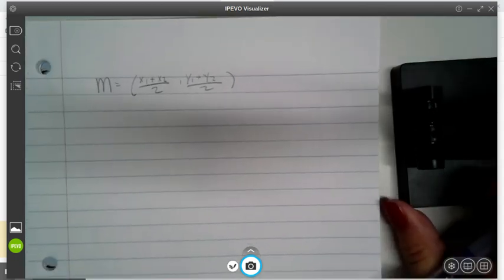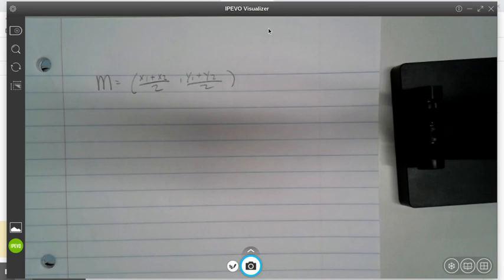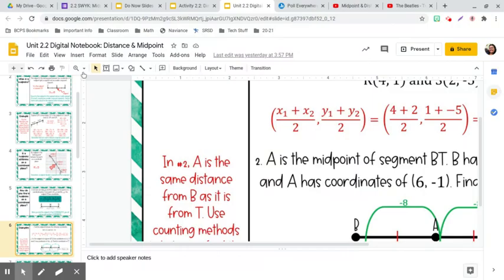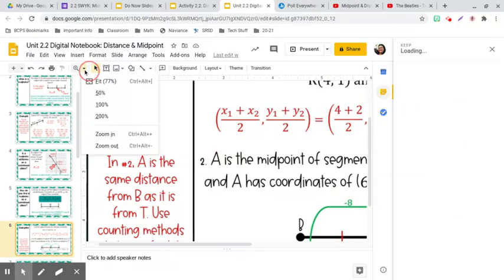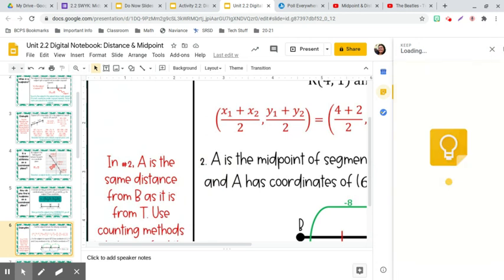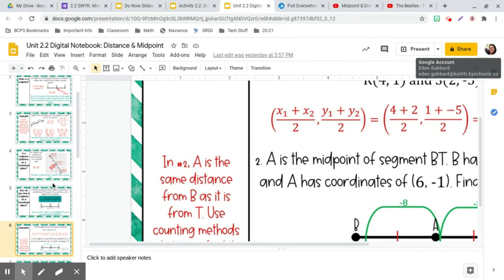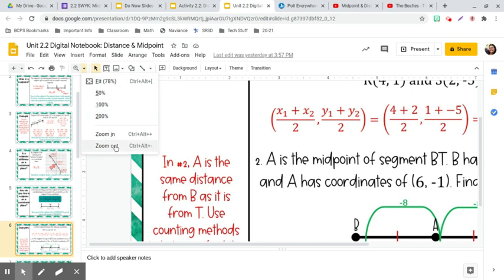All right, so we have our midpoint formula. Let's click back over here and let's see our point that it's given us for our example.